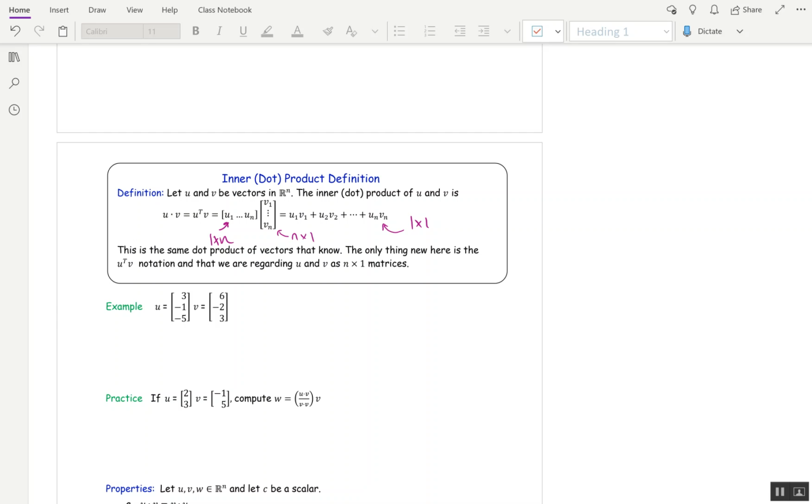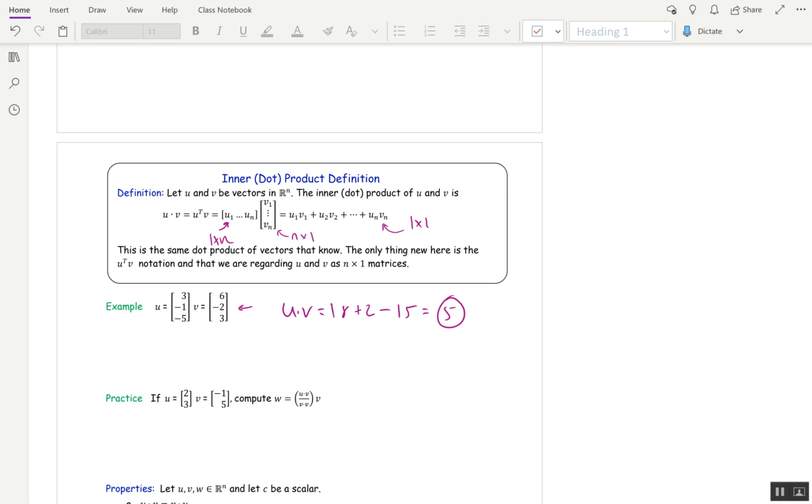So for example, in this problem here, u dot v, if you're doing this at home, your homework, you're still going to say, okay, that's 18 plus 2, and then minus 15, which is 5.